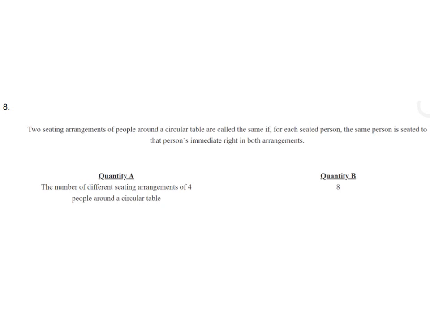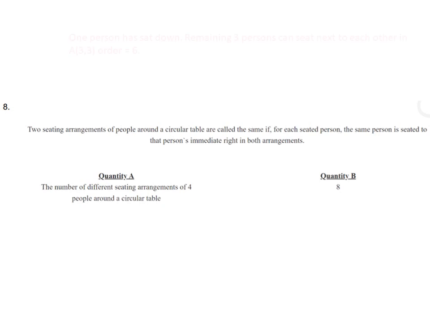Two seating arrangements of people around a circular table are called the same if for each seated person, the same person is seated in that person's immediate right in both arrangements. What is the number of different seating arrangements of 4 people around a circular table?